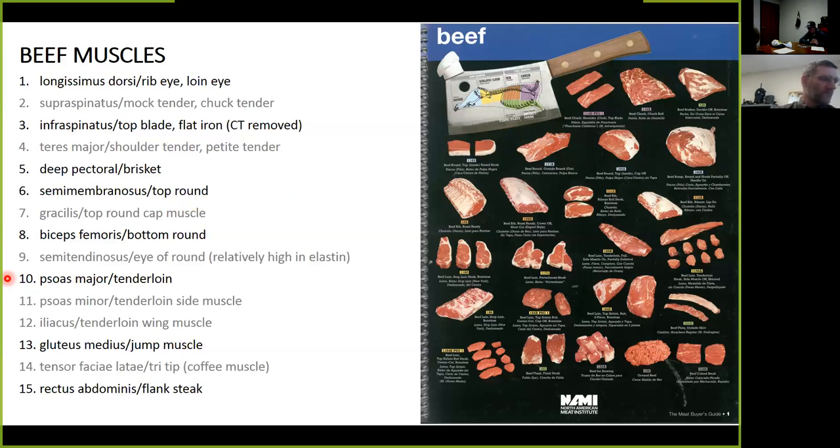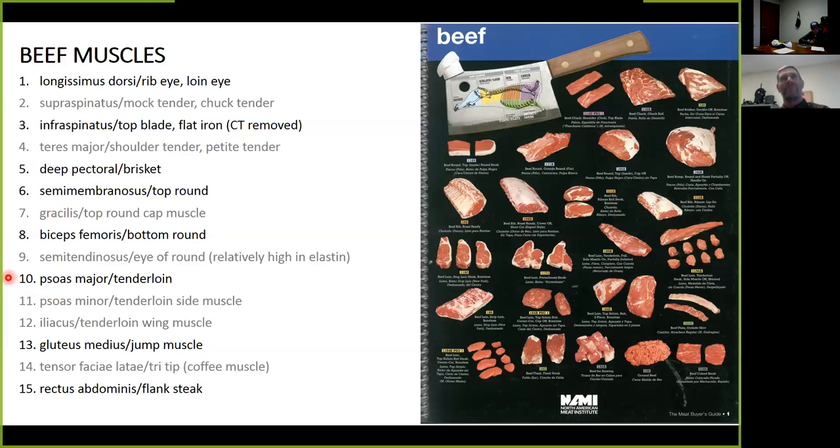Maybe the tenderloin steak. Absolutely. 1190. Yep, certainly. And the 1190, it says there, side muscle off. We didn't talk about that, but let's look back up at the screen for a minute. We're talking about the psoas major tenderloin muscle.